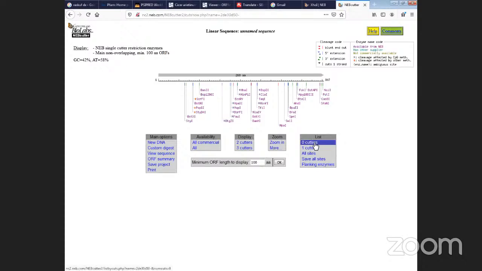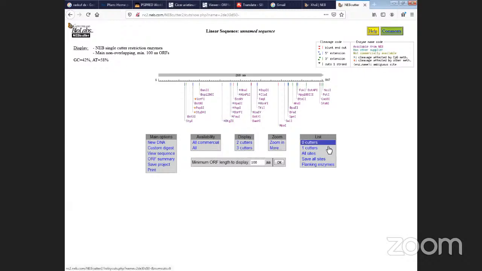That day I also mentioned that you can get a list of how many enzymes are able to cut at one place, meaning one cutter, and how many enzymes cut at two places in this gene, the two cutters, and so on.